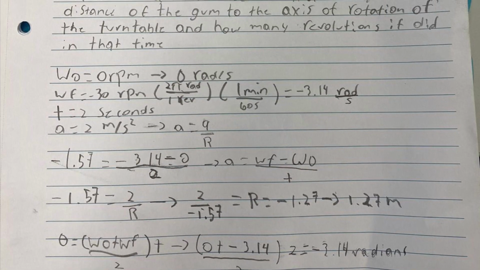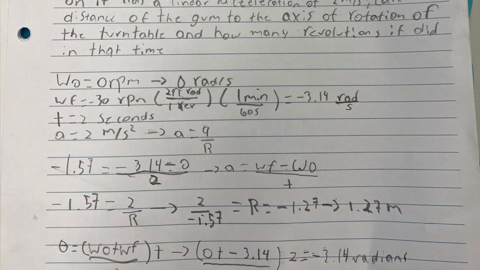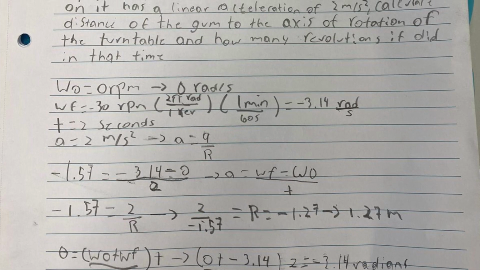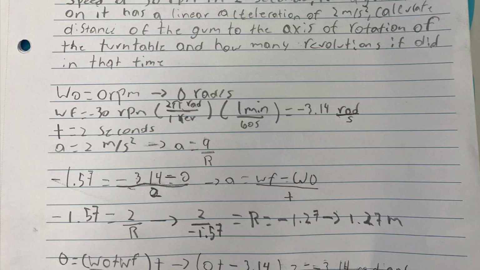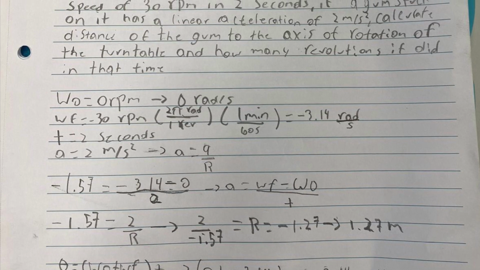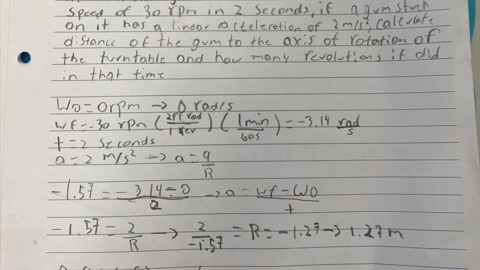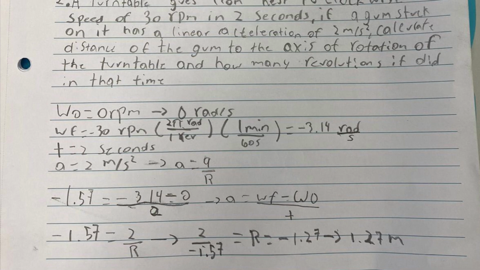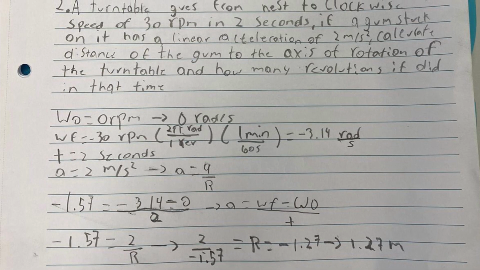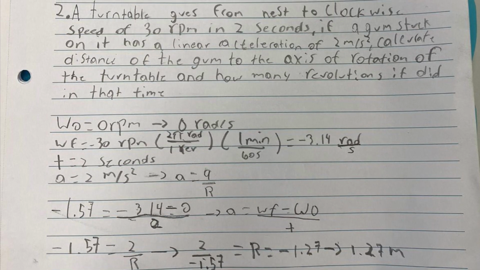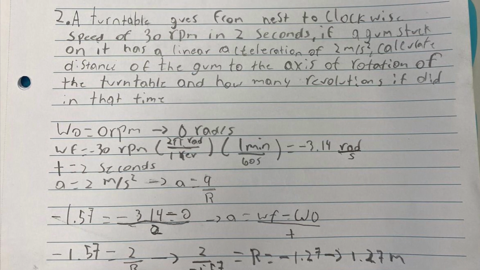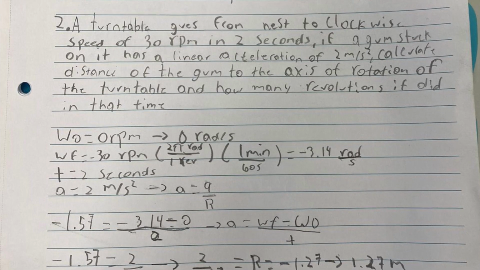We know that the initial velocity is 0, since it stated that it was at rest, and the final angular velocity was 30 revolutions per minute, which is equal to minus 3.14 radians per second. The time was 2 seconds.